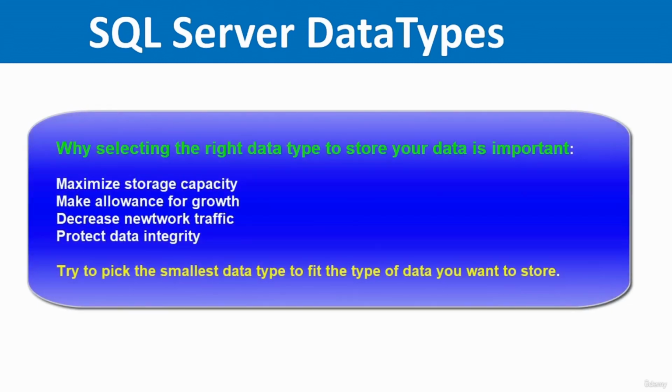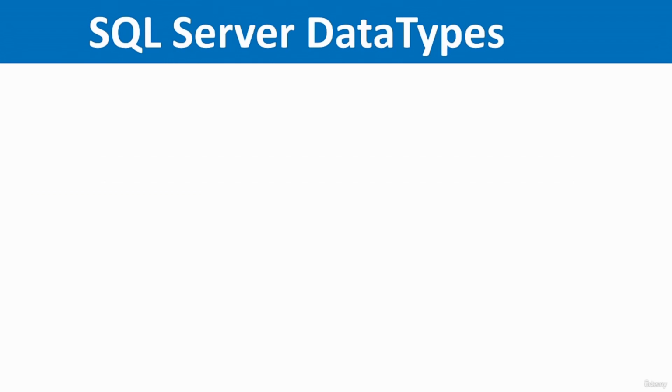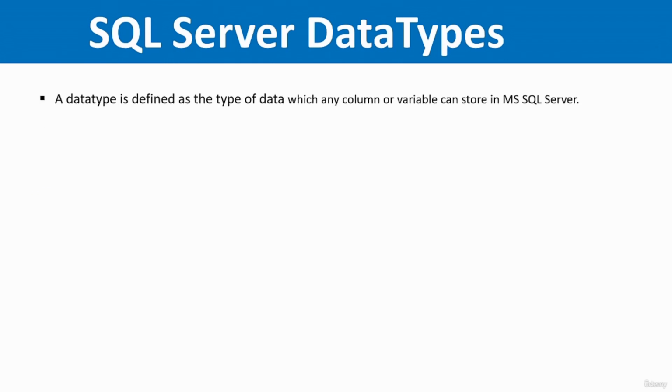When you are creating a table inside the database, you have to specify the type of data that the table is going to store. So they are referred to as data type. A data type is defined as the type of data which any column or variable can store in Microsoft SQL Server.